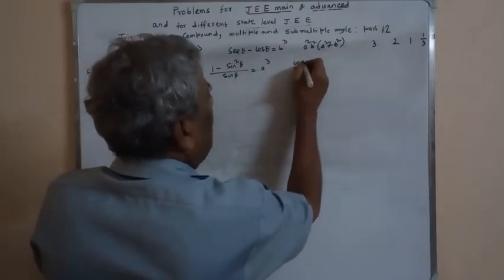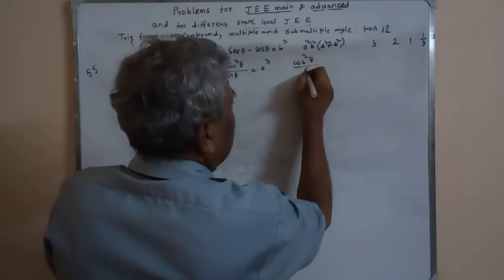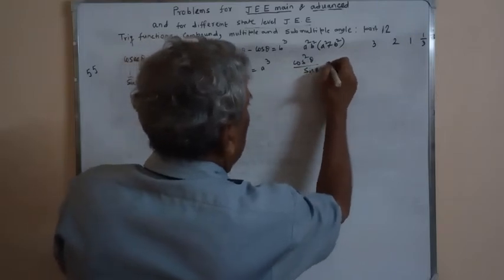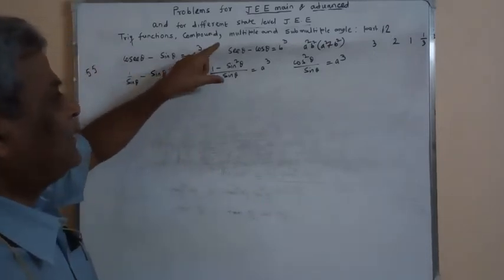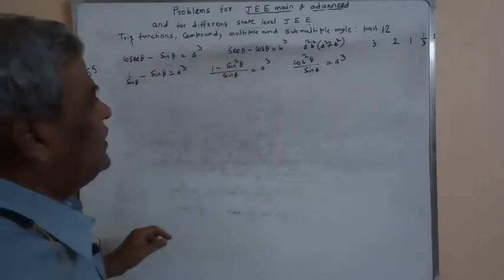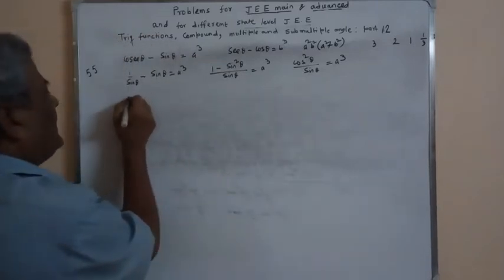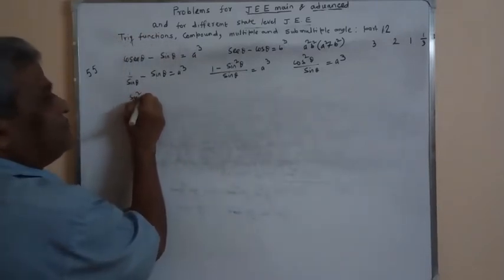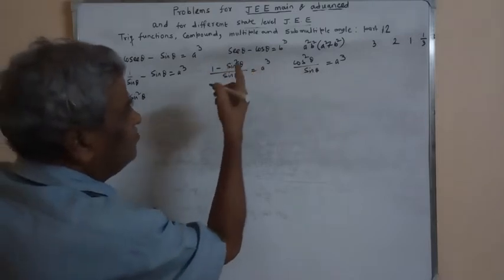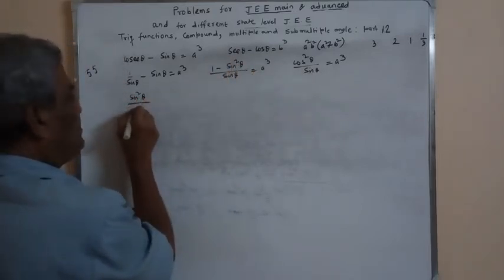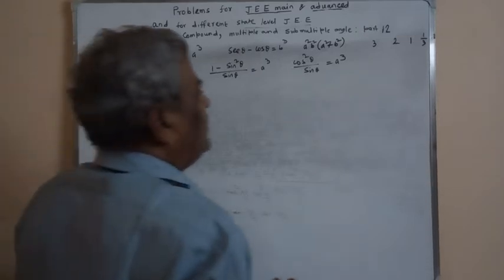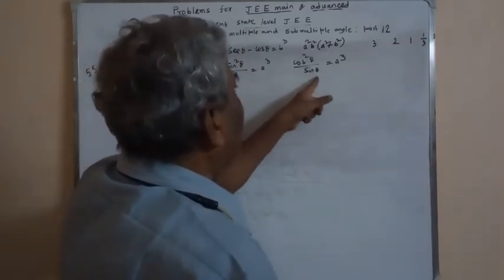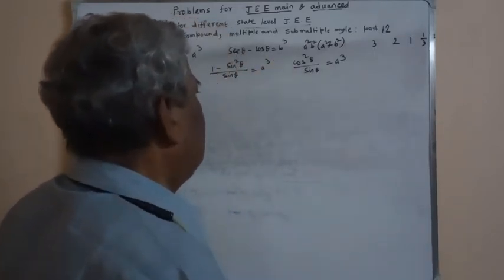That is cos square theta by sin theta is a cube. By the same approach, sec theta is 1 by cos theta, we must have sin square theta by cos theta is equal to b cube. So from this we obtain that relation.